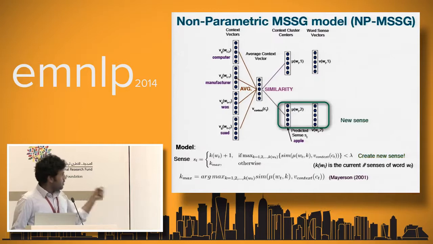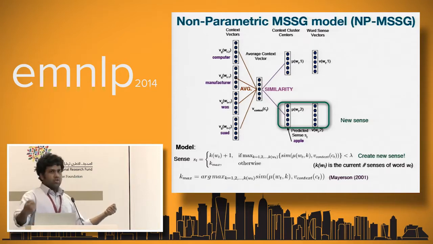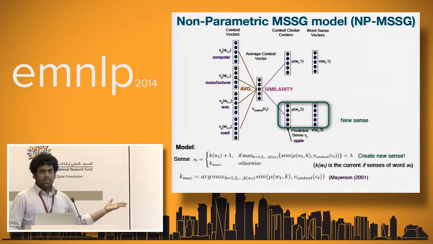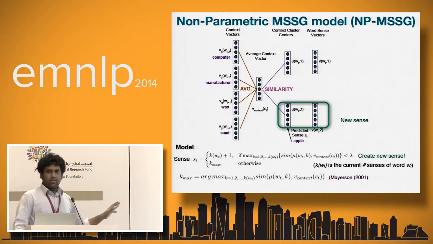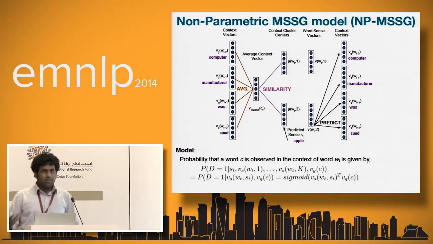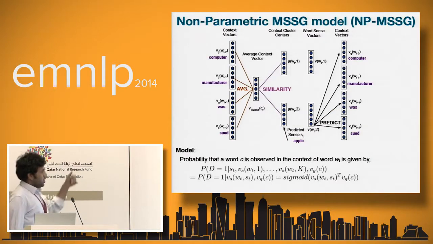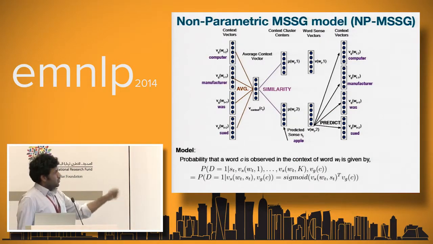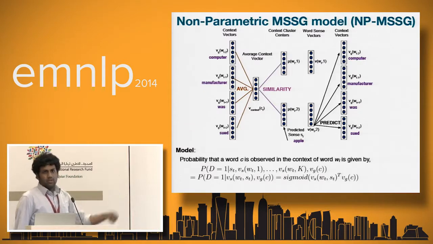If it is not, we create a new sense, which is basically a new context cluster and also a new sense vector. Here lambda is the hyperparameter, and it is the only hyperparameter in the model. So we use lambda to control the number of senses the word has. Once we pick the sense, it's again similar to the MSSG model, where we use the predicted sense vector to predict words in the context.